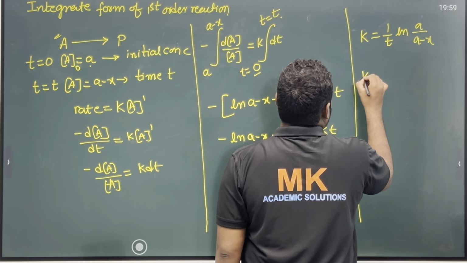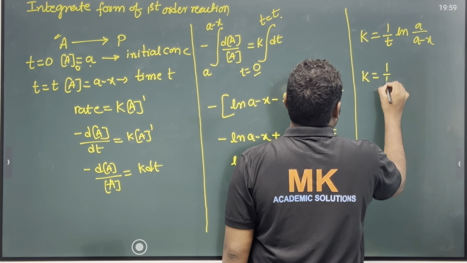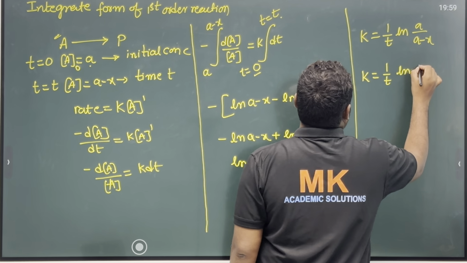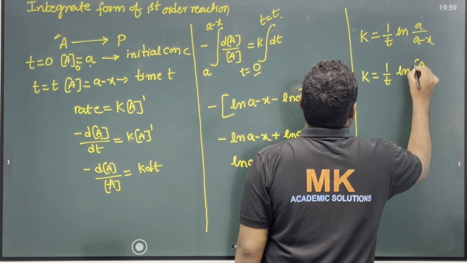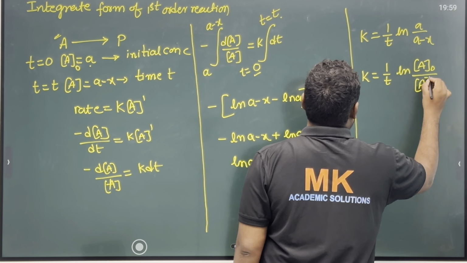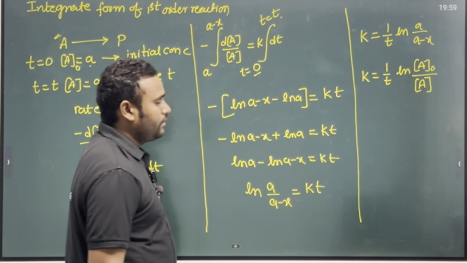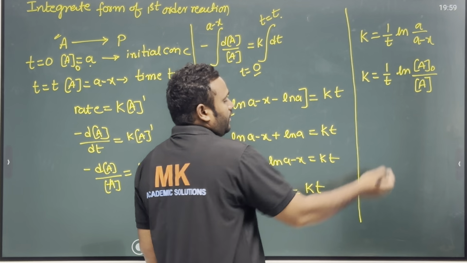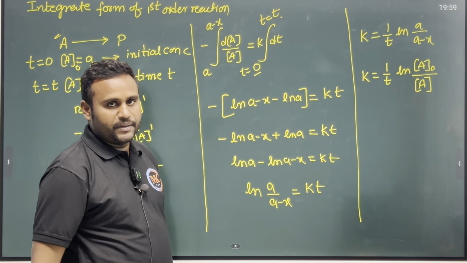So here K is equal to 1 by t ln A naught by A, where A naught is the initial concentration and A is the concentration at time t. So now, instead of natural logarithm, you take the log base 10 value.